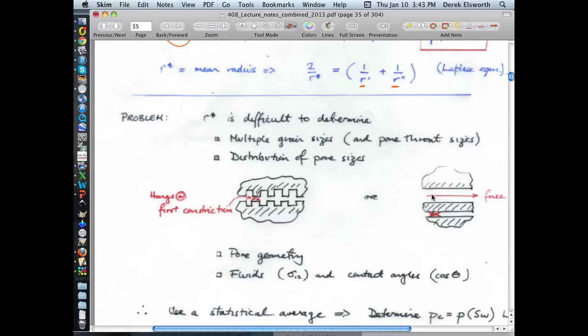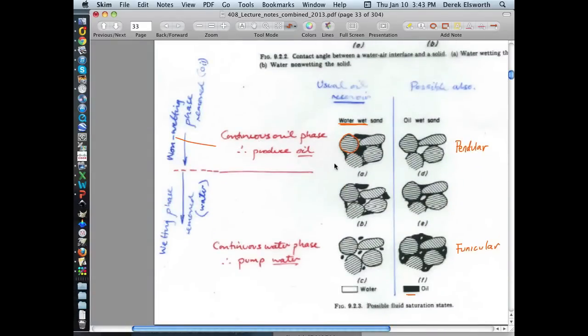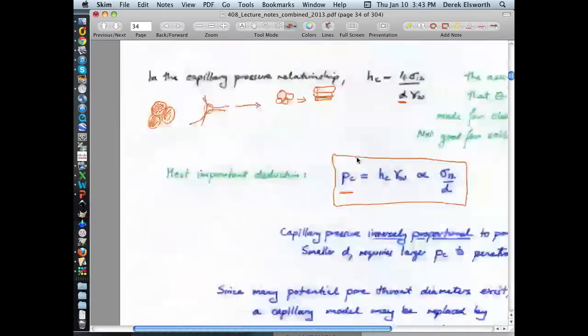Or we could think of a whole bunch of capillary tubes in series. A big capillary tube, a little capillary tube, a big capillary tube, a little capillary tube, as in some way representative of a porous medium where you have a whole bunch of different pore sizes in different sequences.